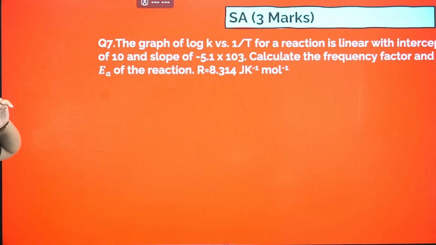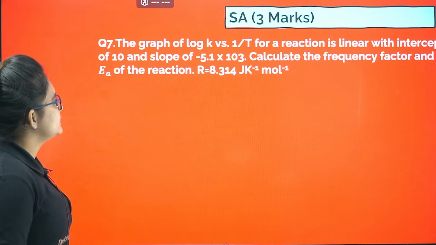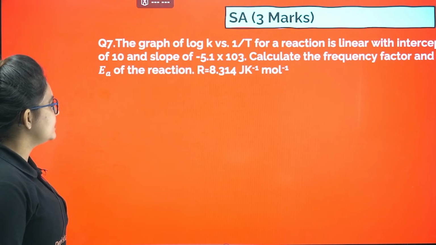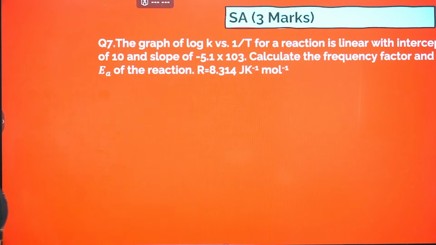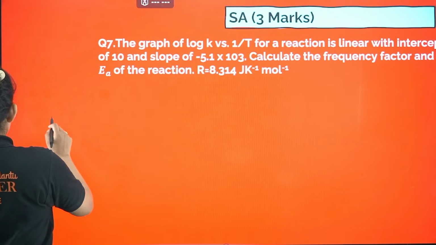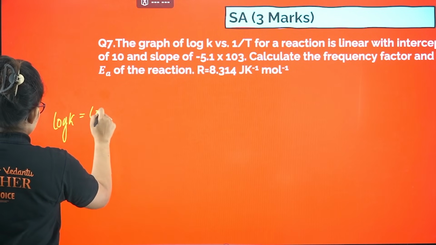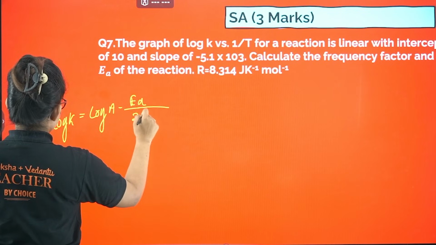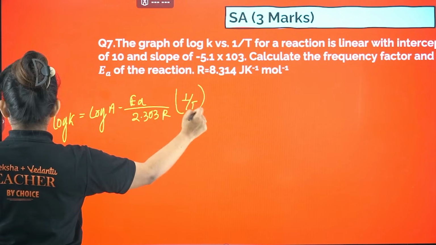Yes. Okay, the graph of log K versus 1 by T for a reaction is linear with intercept 10 and slope given. Calculate the frequency factor and the EA. Okay, so it is basically an Arrhenius graph. I guess you know, if I just write down the equation, log K equals log A minus EA by 2.303 R into 1 by T, right?